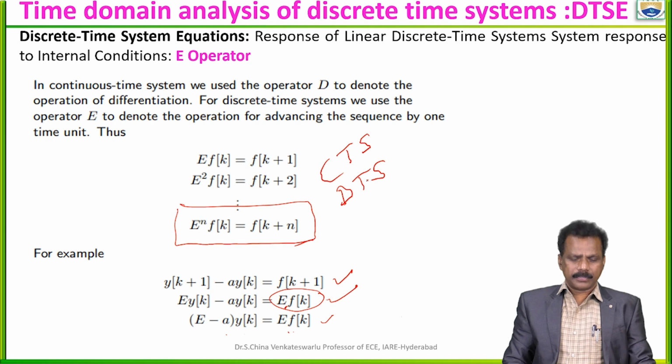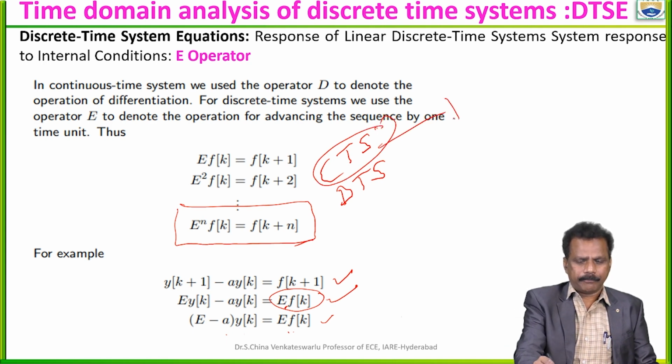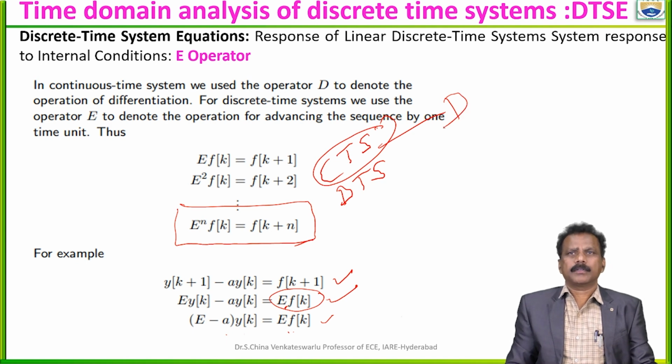With the continuous time system, we use the operator D to denote the operation of differentiation.